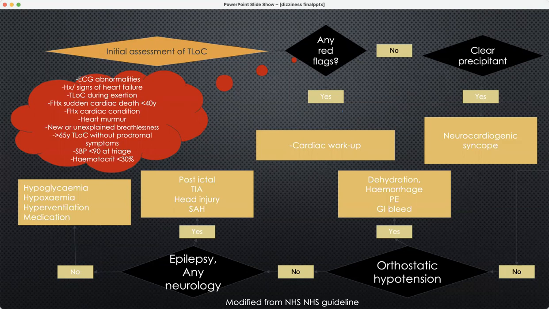If the patient is unable to lie down, she may progress from near syncope to syncope. Orthostatic hypotension, cardiac disease, and hyperventilation can also present as nearly fainting.